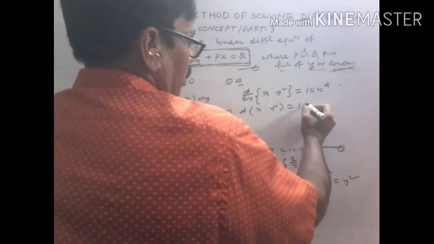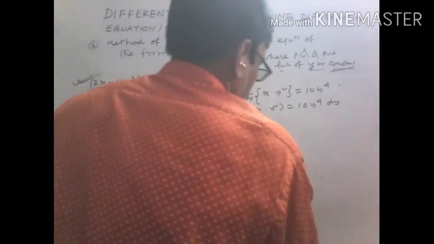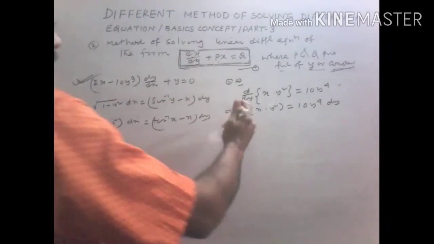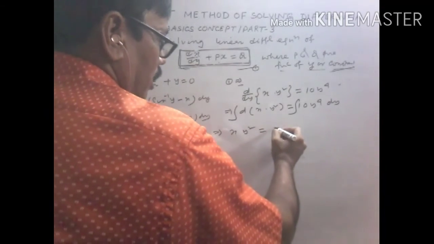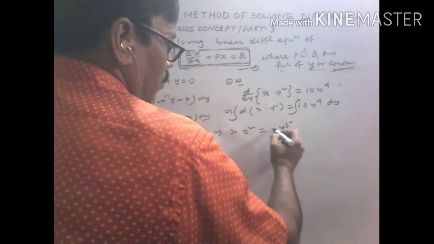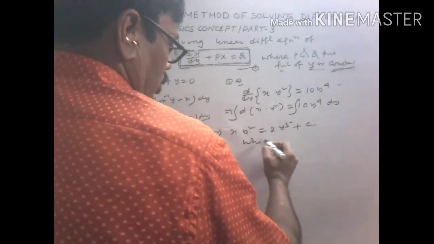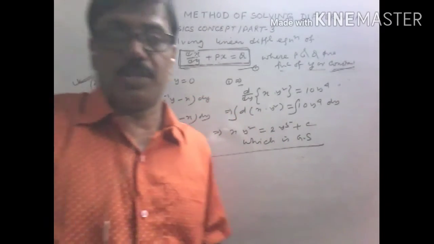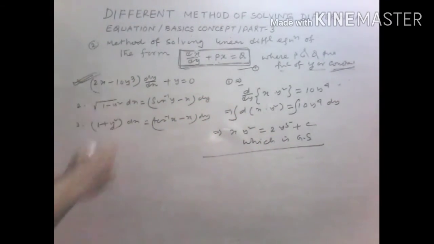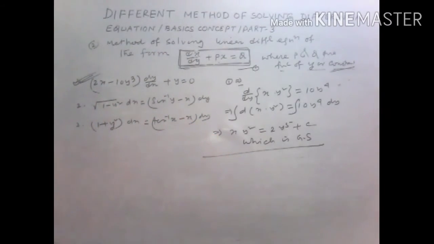So d/dy of x y square equals 10y to the power 4 dy. So now variables are separated. So this is x into y square equals 2y to the power 5 plus c, which is the general solution. So this is a most important problem. If it is not of the form dy/dx, we take the reciprocal.